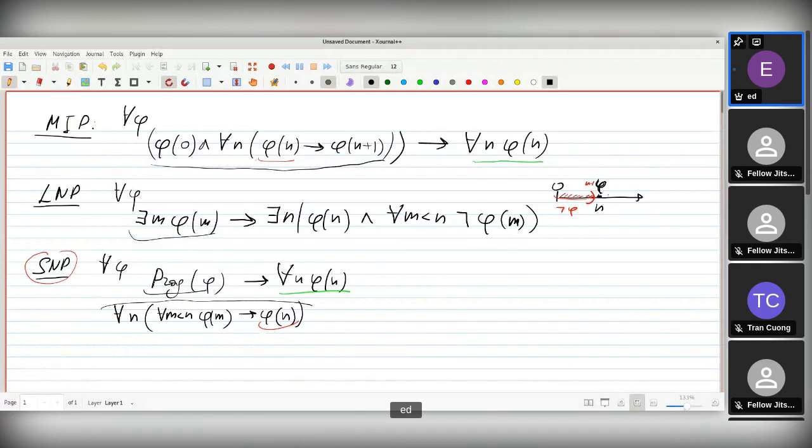You naturally apply the least number principle most likely in a contrapositive setting. So you want to prove that every n satisfies phi. Assume that it is not the case. Then take the least possible n which doesn't satisfy phi, and then obtain a contradiction.